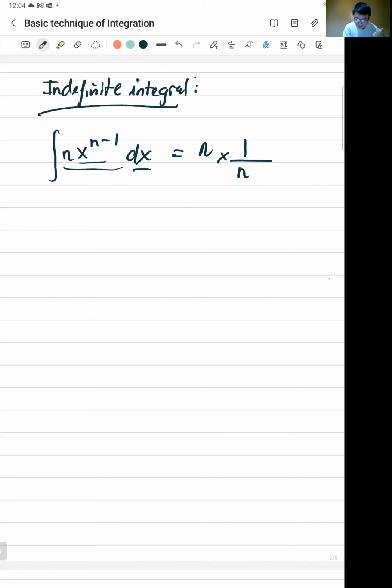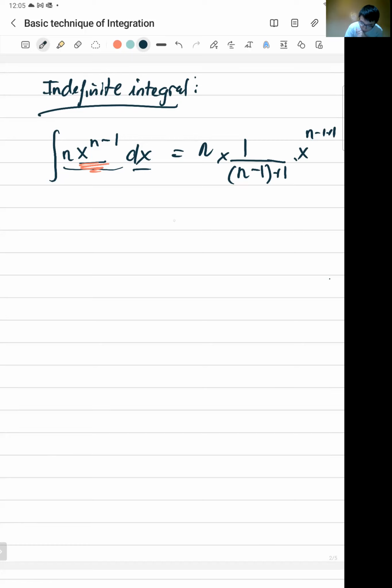It's from here. That's the only place I can bring the n out. So that means x to the power of n. Okay, so how can I eliminate the negative one? By adding one. So now I also have x to the power of n minus 1 plus 1.